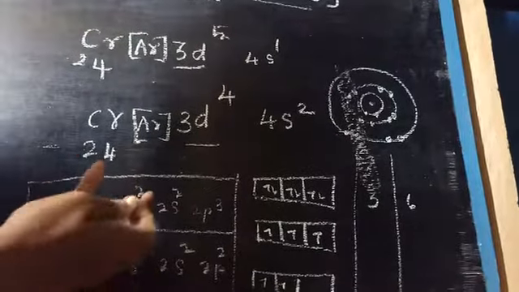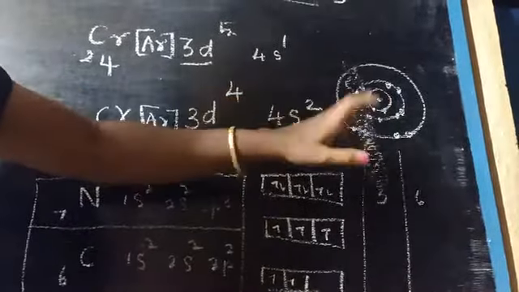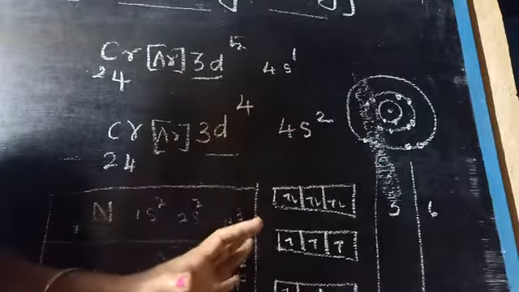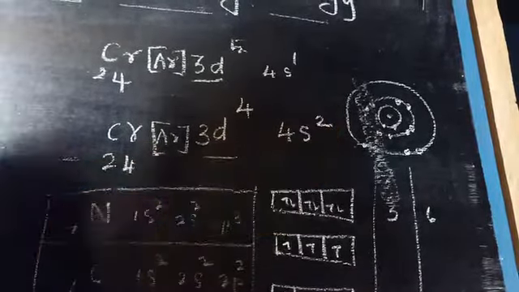Without shielding, the attraction between nucleus and electron is more. In the presence of shielding, the attraction is less. This process is known as the shielding effect.